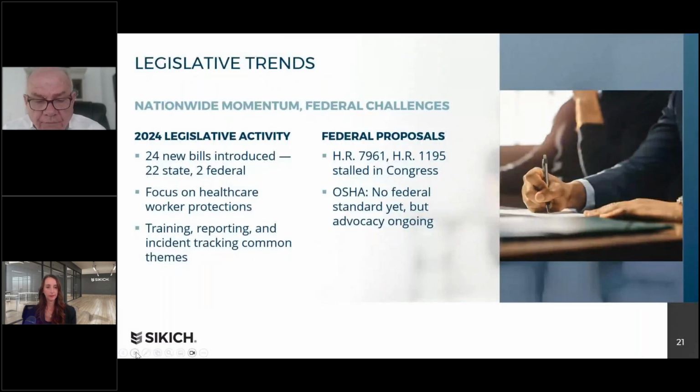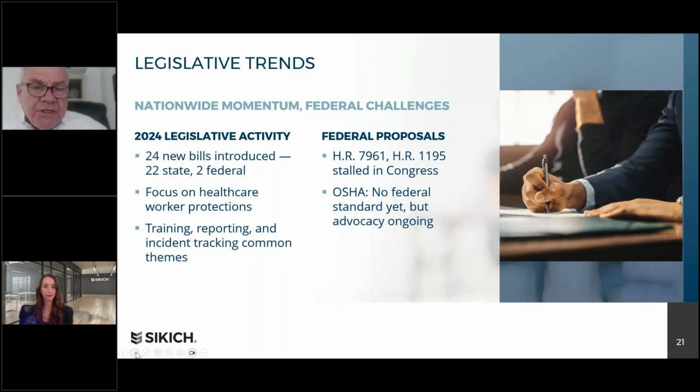All of this, while states are pushing forward, federal action has stalled. Many organizations are now treating state laws as the de facto standard, and we're seeing that. We're not going to be surprised if OSHA adapts California OSHA requirements for this. Oftentimes, our clients that are in California maybe have a footprint in California, but are headquartered elsewhere, or they have other footprints.